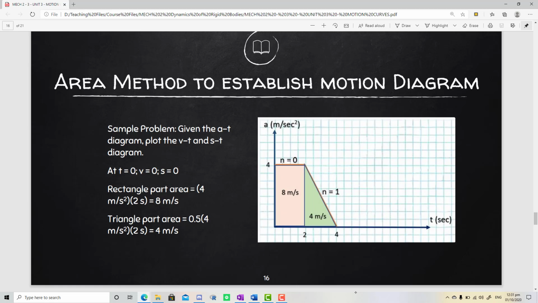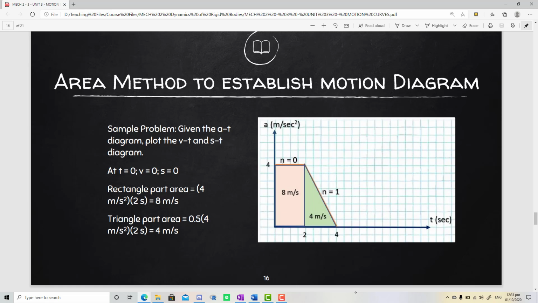So the solution here would be the area of this part, that is a trapezoid. Let us divide it into the rectangle and the triangular part. The area of the rectangular part would be 4, the unit is meters per second squared, and the time interval is 2, from 0 to 2.